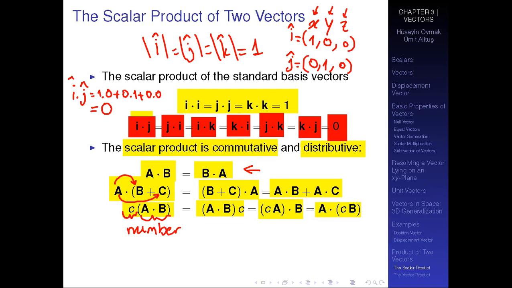So, for a more sophisticated discussion of the scalar product of two vectors, we will introduce the renowned Cosine Law.